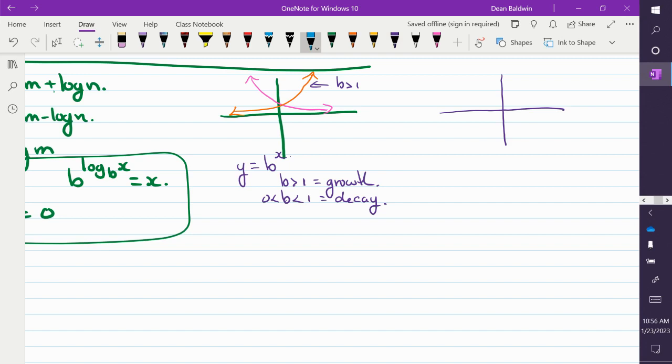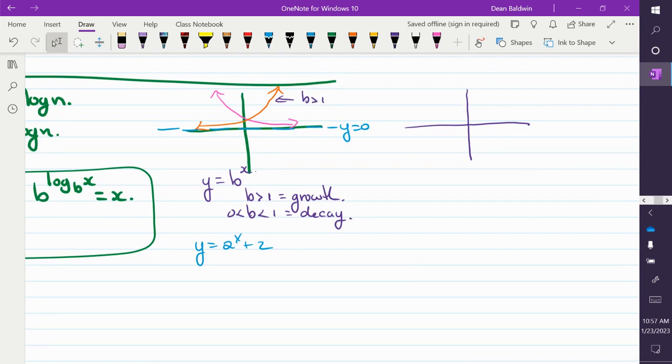Where's the horizontal asymptote on an exponential? 0, right? How do you move that up and down? The k value. So if I said y is equal to 2 to the power of x plus 2, what's the horizontal asymptote of that graph? 2. Okay, whatever k is moves the horizontal asymptote up and down.